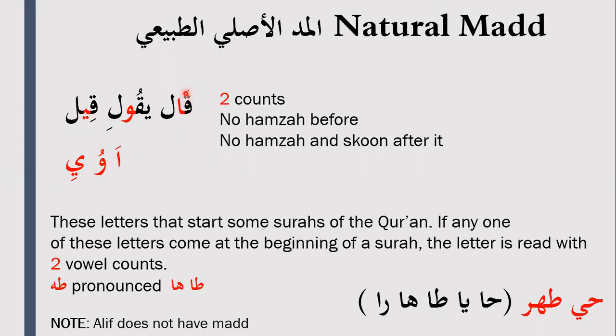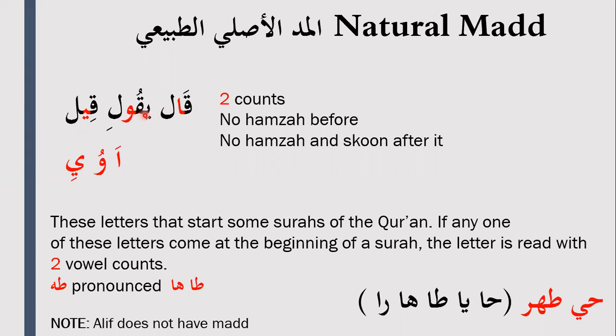So I'm more concerned about the short vowel preceding the actual mud letter here. So if I focus here, you have the fatha, and after the fatha, it's an alif, which is a letter of mud. You have your dhamma, and then after the dhamma, it is a waw. You have your kasra, and after the kasra, you have a ya.